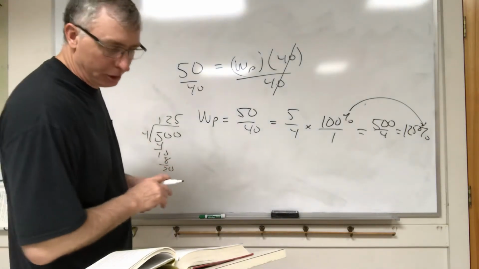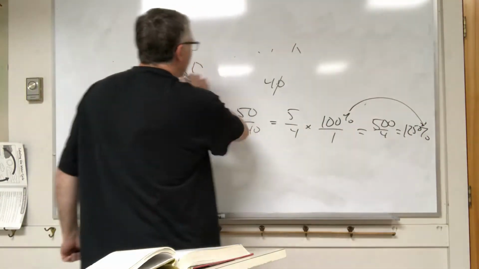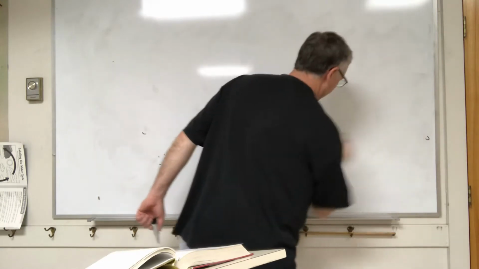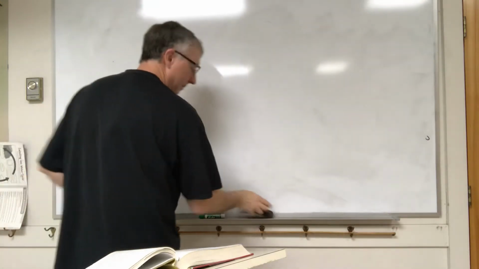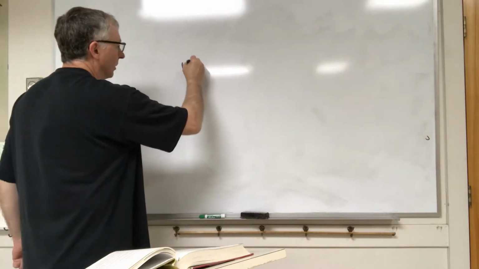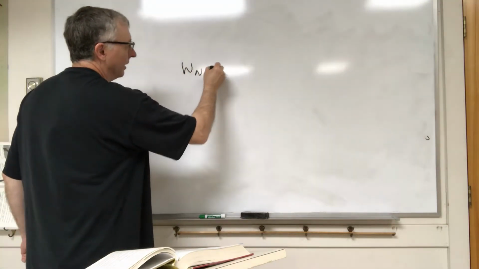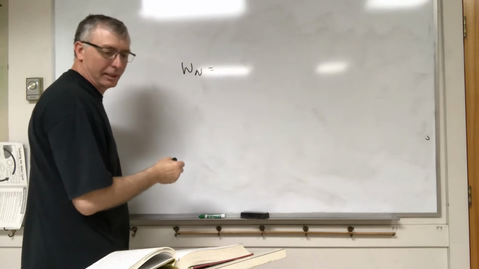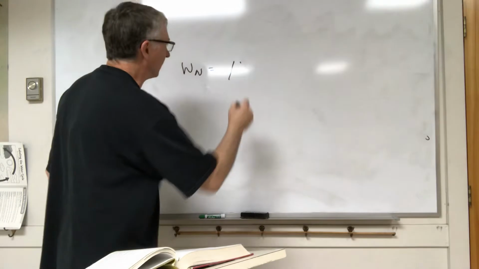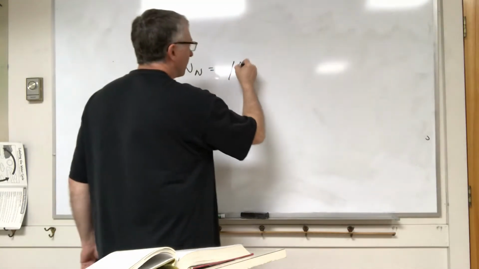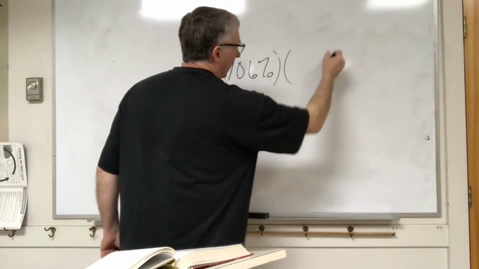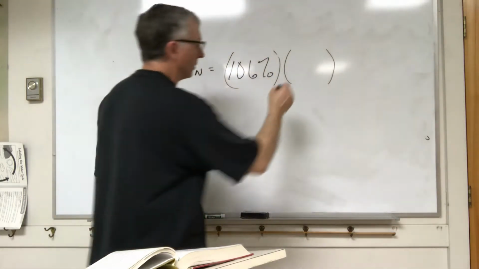Let's go to example 2. What number is 106% of $12.40? And so 106% of, or multiplied times, $12.40.